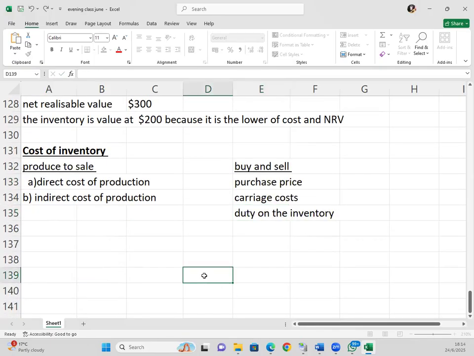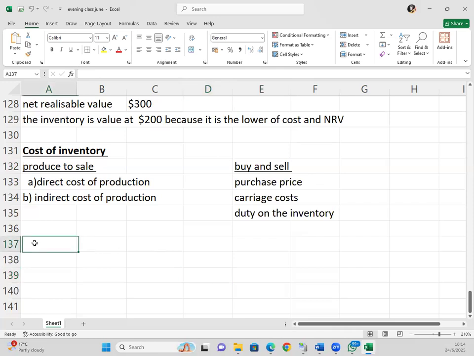So these costs are part of the cost of the inventory. The cost of inventory is the costs we have incurred to bring the inventory to its present location.